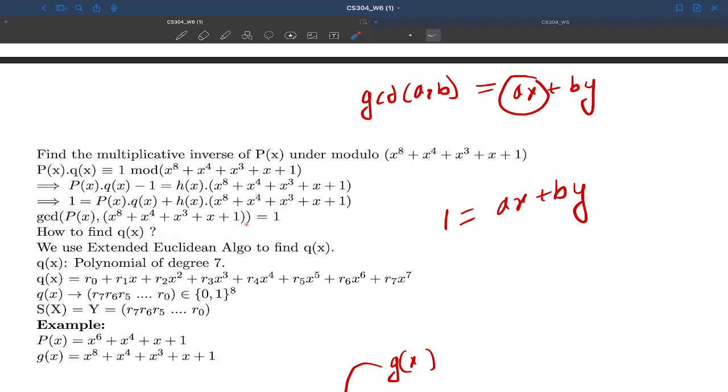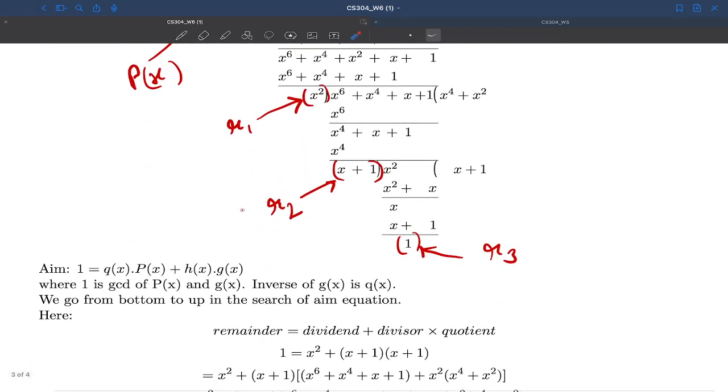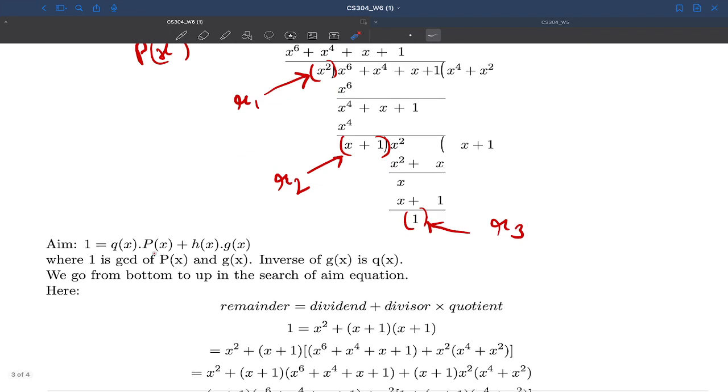Okay, you'll get it, just bear with me for a moment. Our aim is 1 equal to qx times px plus hx times gx. If I am able to find something like that, then I can say that qx will be my inverse.